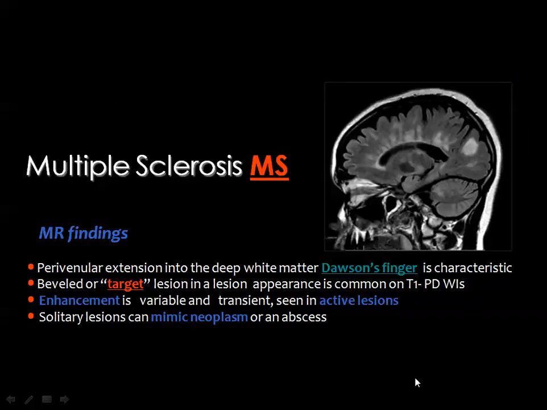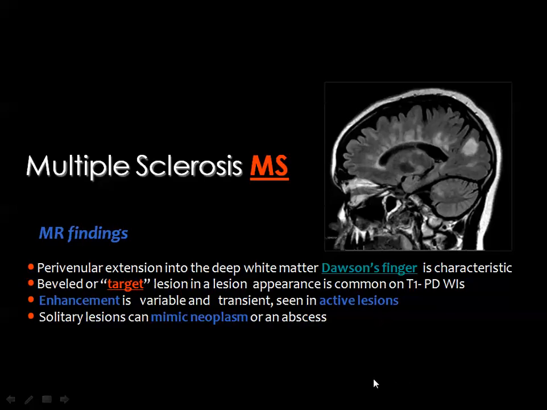And the lesions are characteristically present in the deep white matter at the callososeptal area near the region of the corpus callosum, and they are perpendicular to the ventricular wall. And sometimes the lesions will show enhancement, and enhancement is variable and transient, and is usually an indication of activity in the disease.